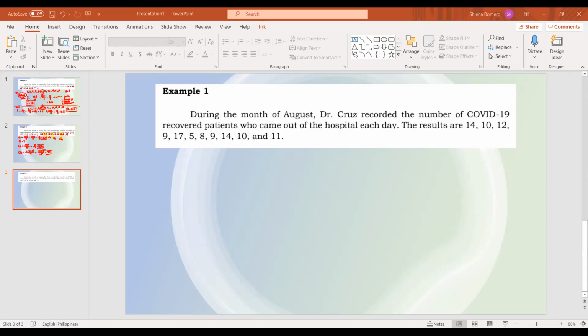Nakita niyo pa ba yung screen ko? Opo, ma'am. Pati binabasa ko? Nakita niyo? Ano nakikita niyo sa screen ko? Yung example 1 po. Okay, sige.